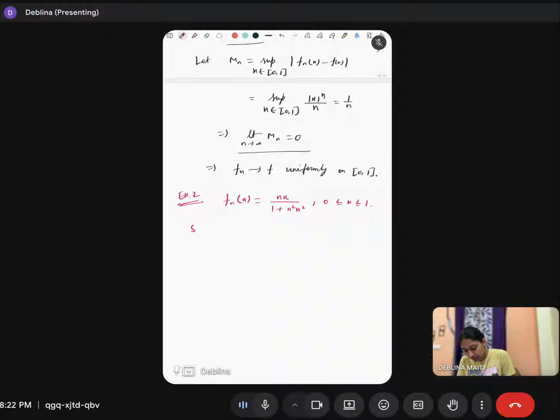Now you have to show that the sequence fn is not uniformly convergent in [0, 1], right?